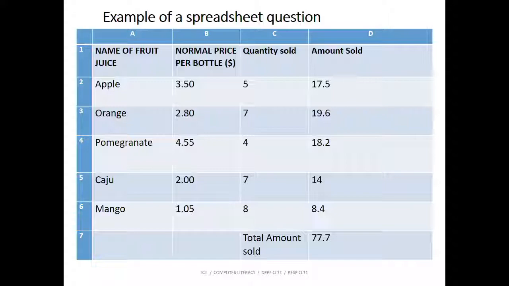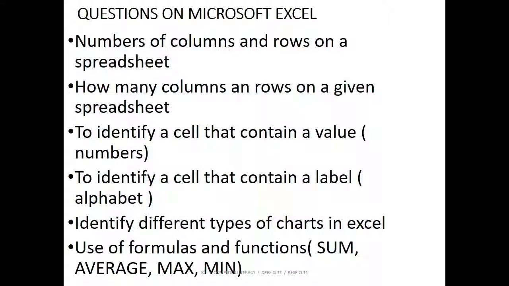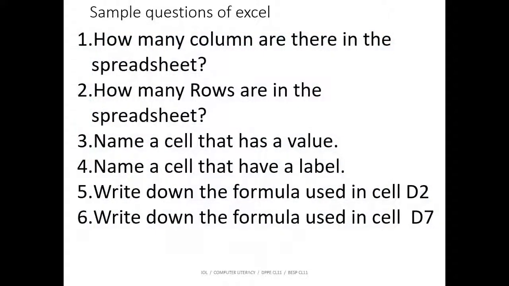Now if I ask you again, how many rows are here? Row 1, row 2, 3, 4, 5, 6, and 7. 7 rows. So let's go back to some of those questions. How many columns are there in this spreadsheet? 4.